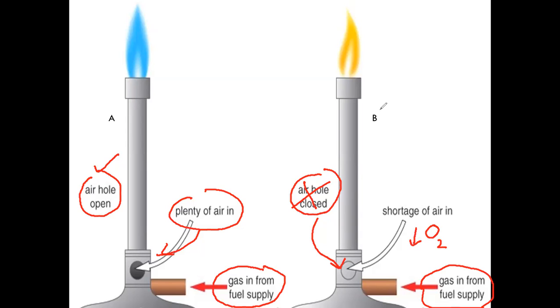It just takes oxygen from the atmosphere, and that is the reason its color is yellow. But when you see in flame A, plenty of air, meaning oxygen, is going in from the bottom. With this hole, the gas that is moving from here also takes oxygen from here, and it takes more oxygen when it reaches here. So that is the reason this flame becomes blue in color.